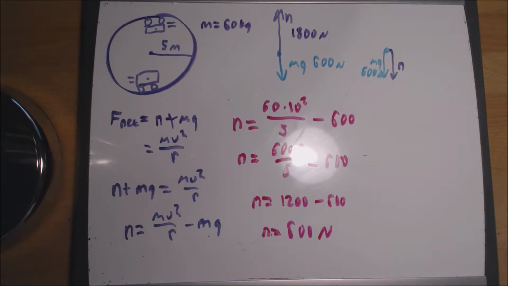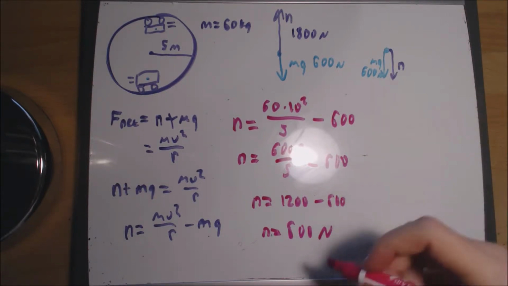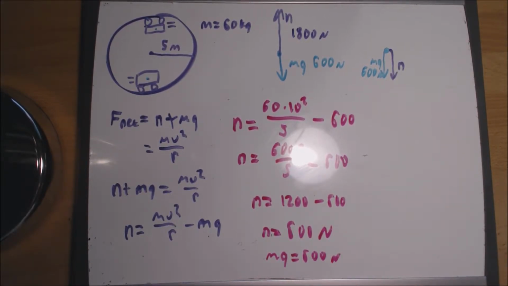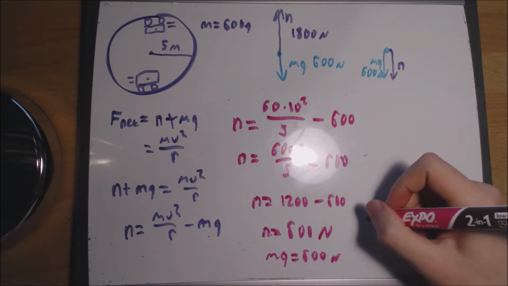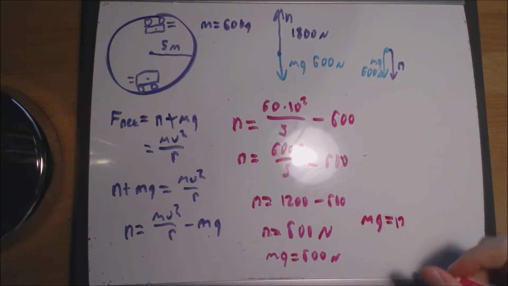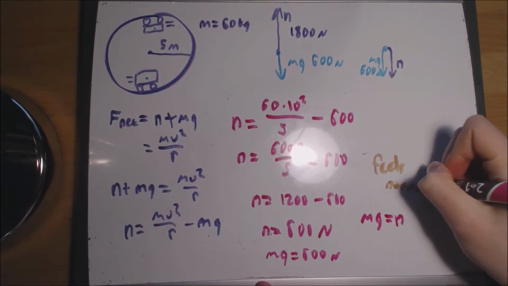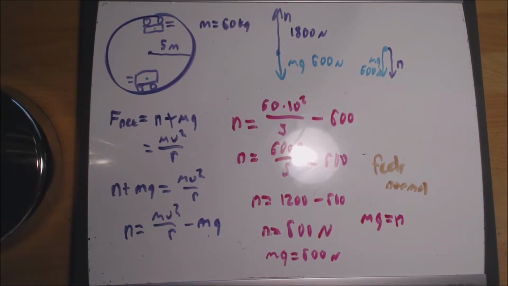So since his mg is 600 and his normal force is 600, he feels the same as he would any other time. And so the driver feels a normal weight because mg equals N. So he feels normal.